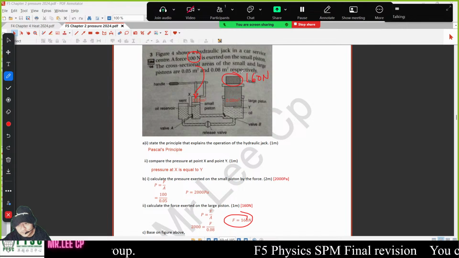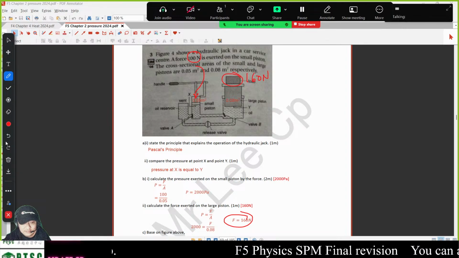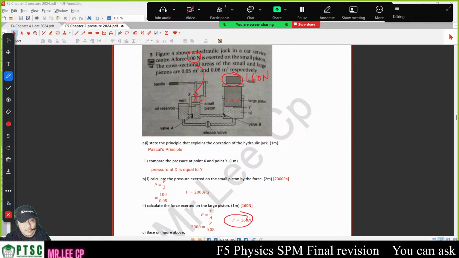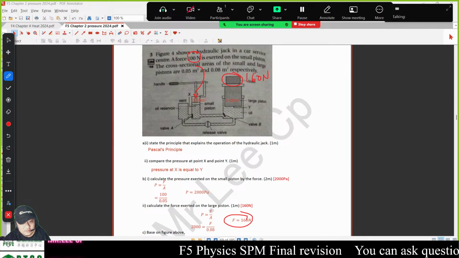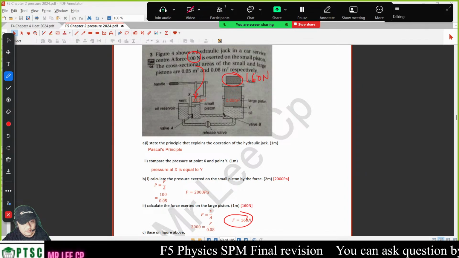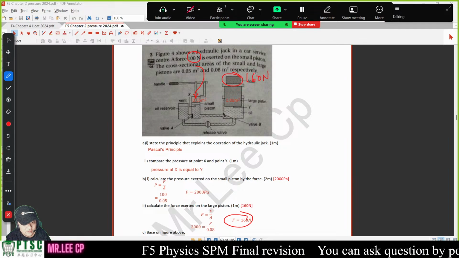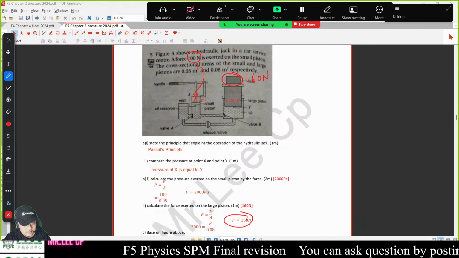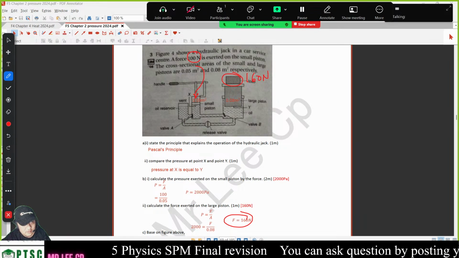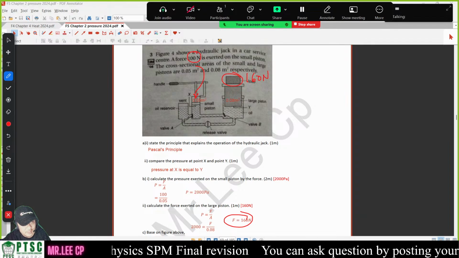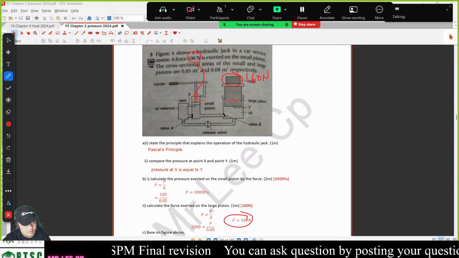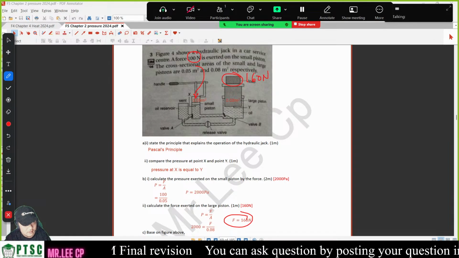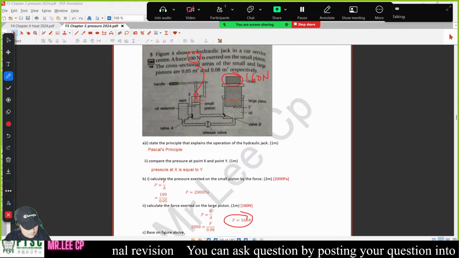How much is the multiplying factor? Come on.